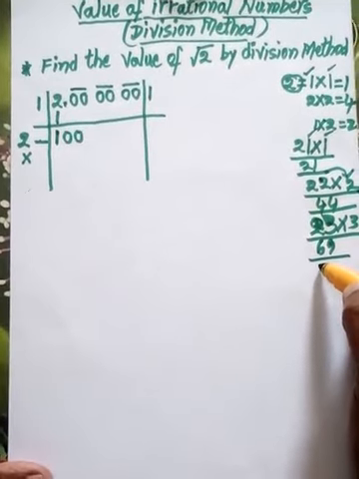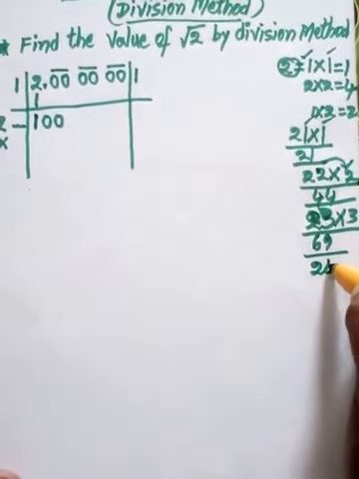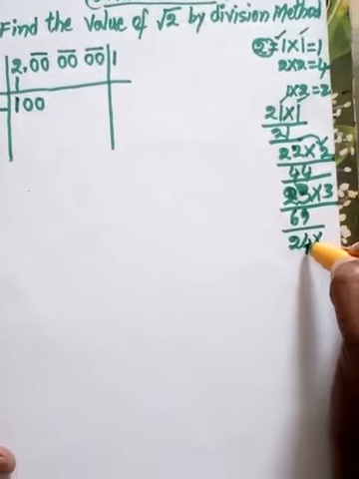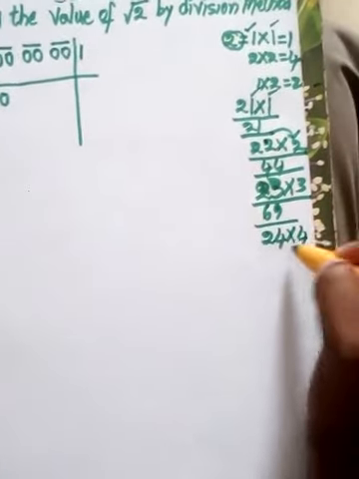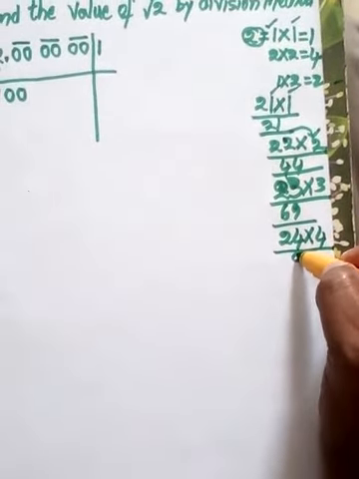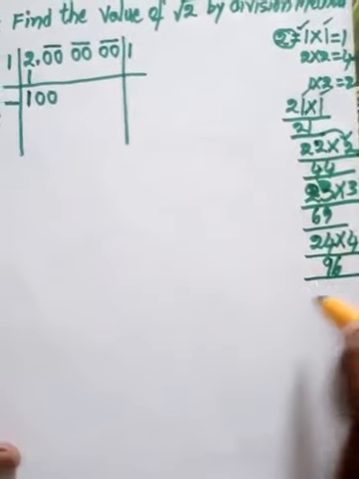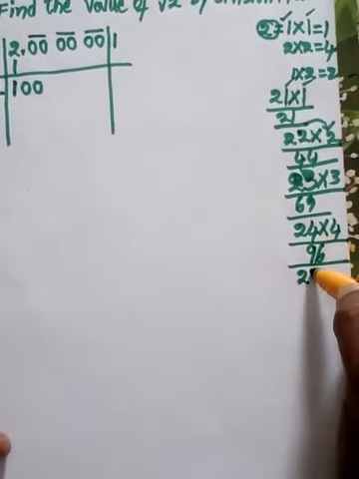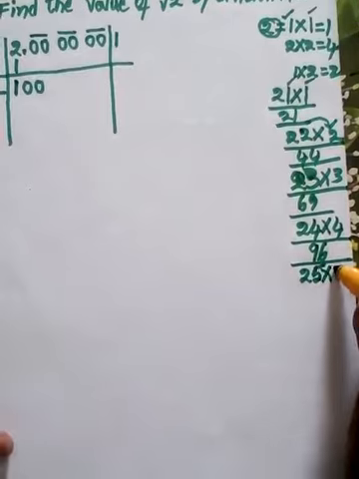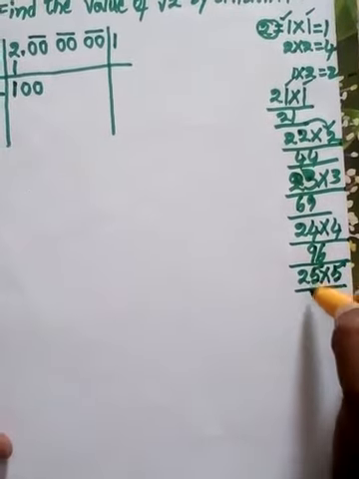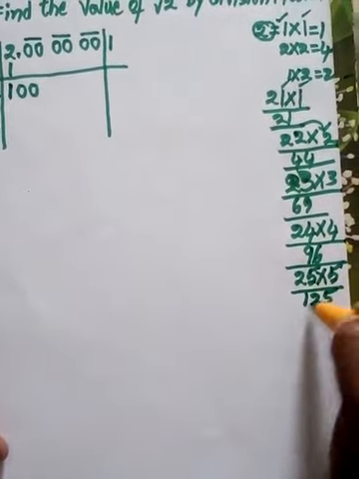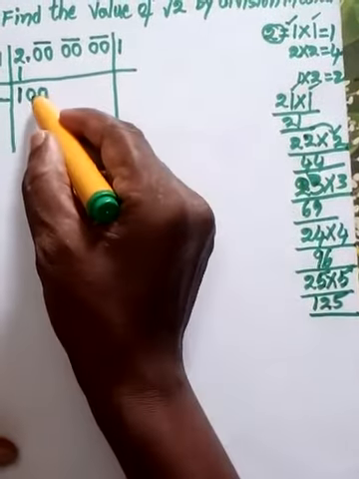Then we take 4, and multiply by 4. 24 4s are 96. If we take 5 after 2 and multiply by 5, 25 5s are 125. So this is greater than this 100.